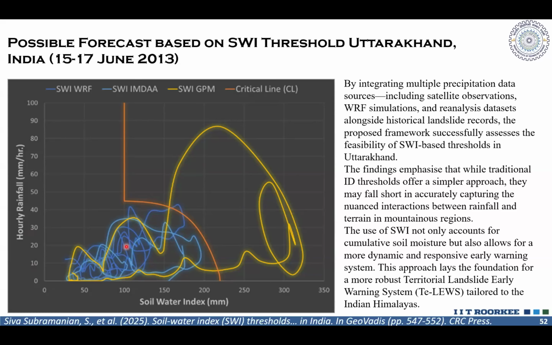For different data sets, this is the hourly rainfall, and we could see that it is nearing the critical line, or for one data set, maybe this is an overestimation of the rainfall, because this is not bias corrected. This can give us an indication of a landslide at least 6 hours, 8 hours before, if we have the rainfall forecast. So that is where we are now.